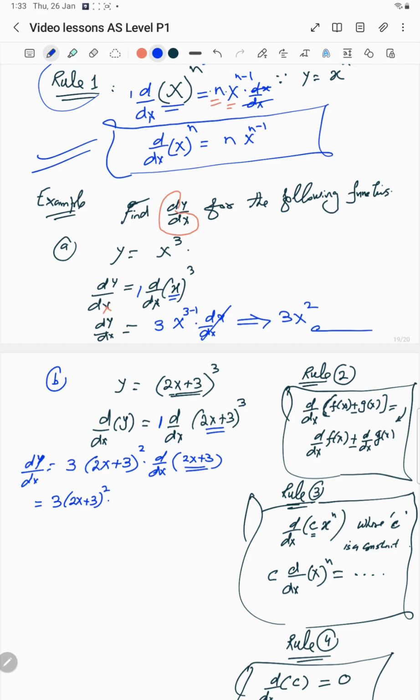And this thing, here you can apply this because now we have the power 1 and then we have the function 2x plus 3. So we need to split them in a square bracket and d by dx. I'm going to solve this with each and every step so that you can understand.